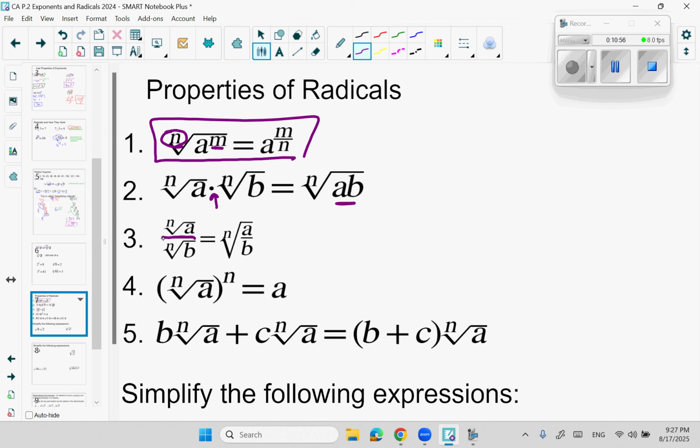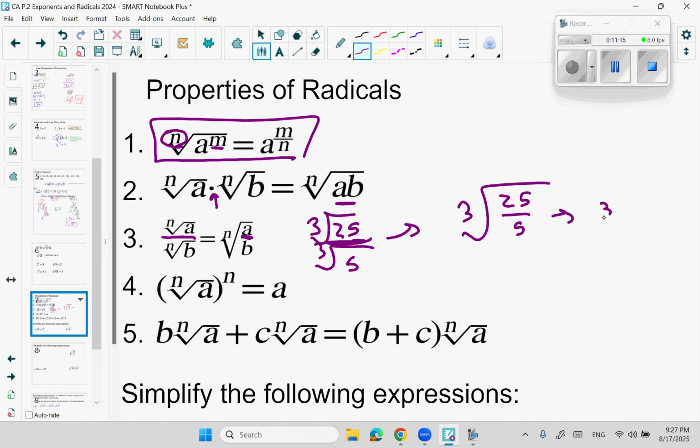And division also mathematically works the same way. So let's say, for example, we had the cube root of 25 over the cube root of 5. We could recognize that 25 and 5 are easily divisible, and therefore I can just break it down to the cube root of 5 and simplify it that way.